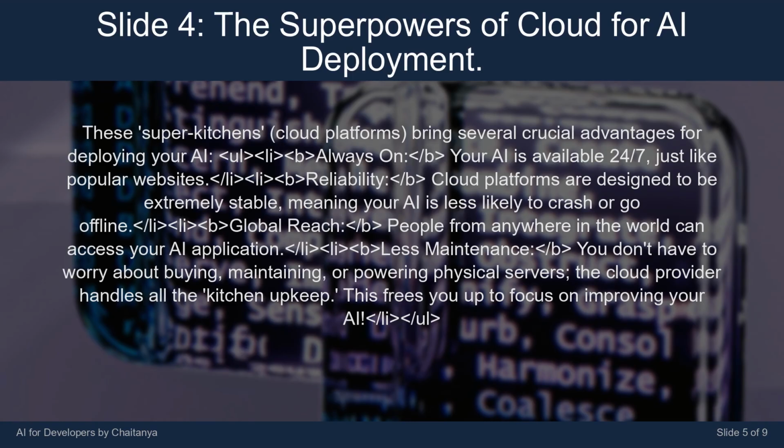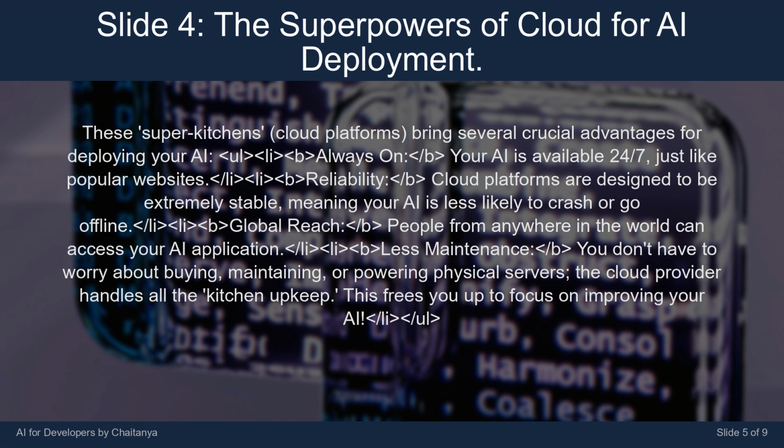Always on. Your AI is available 24/7, just like popular websites. Reliability. Cloud platforms are designed to be extremely stable, meaning your AI is less likely to crash or go offline. Global reach.